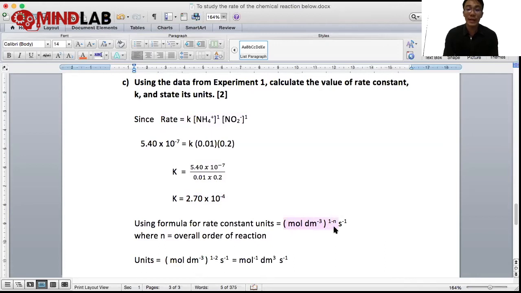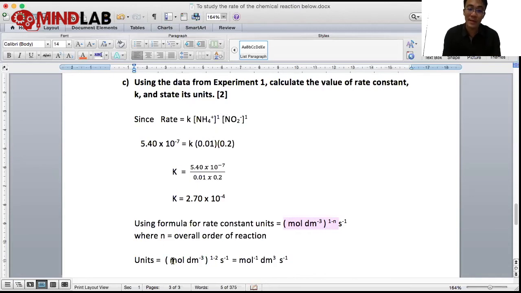Do take note that n is the overall order of reaction, and s is to the power minus 1. Good news, we have known the overall order of reaction, which is power of 1 and power of 1, so all you need to do is just sum it up. Power of 1 plus power of 1 is 2.